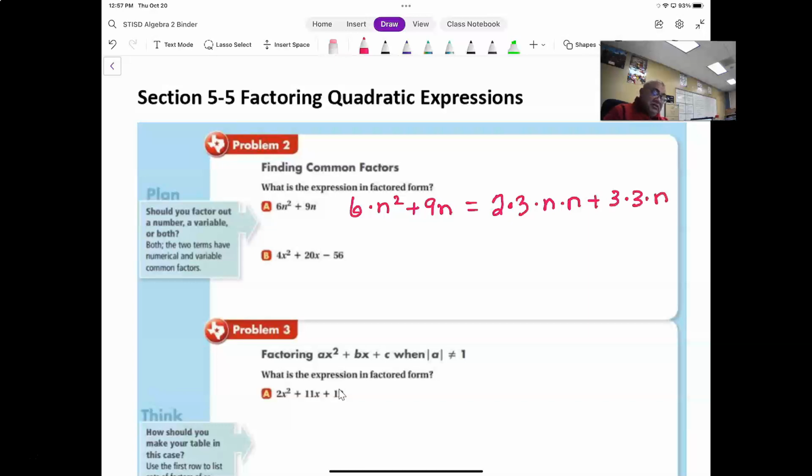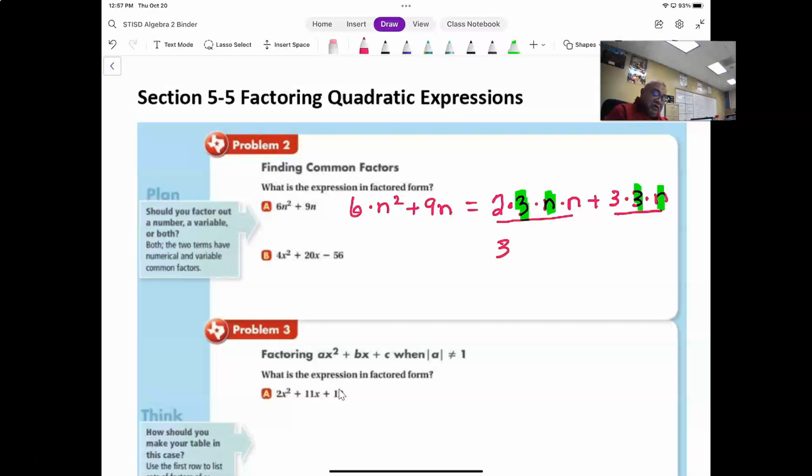What you're going to do is check the left side of the plus sign and the right side and see what they have in common. You notice that they have a 3 in common, and they also have an n in common. So the process of taking this out of the expression is called factoring.